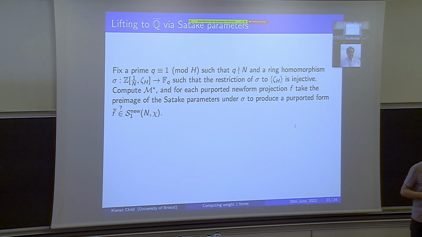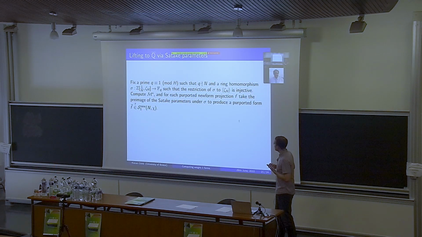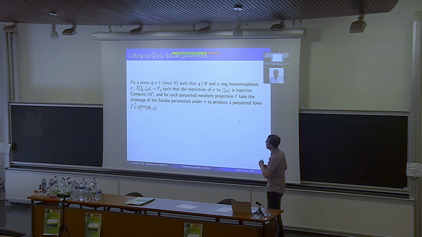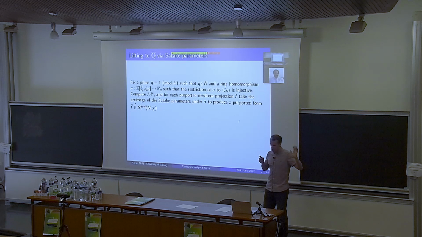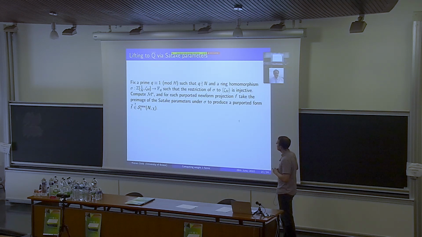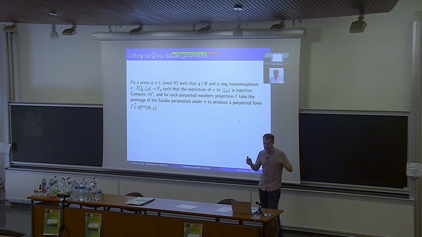What does that mean? Well, it means that if we choose our finite field very carefully, so we choose the field FQ now to have Q congruent to 1 mod that big H, then we fix this ring homomorphism going from Z[1/M, ζ_H] into our field. Notice I've dropped the bar because we no longer need it to be the closure. Everything that we need is just in FQ.